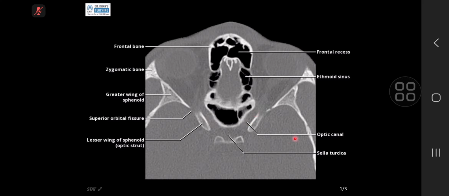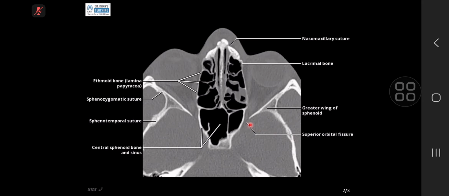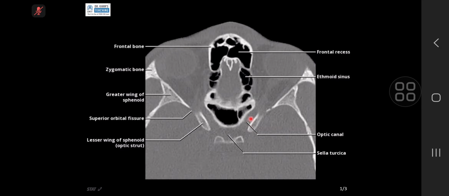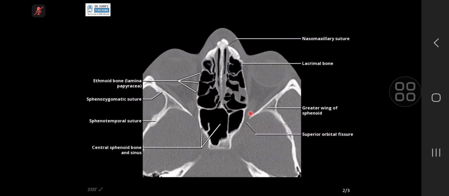If we go to the next slice, you can see this opening here. Place yourself. This is the middle cranial fossa. This is the sphenoid sinus, and you can see it is going into the orbit. So I go back. This is the optic canal and optic foramen. So this is the superior orbital fissure.